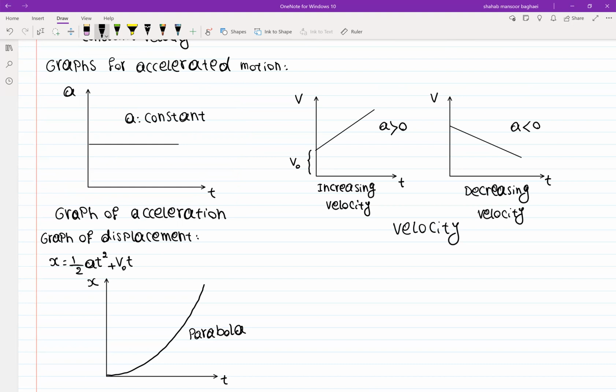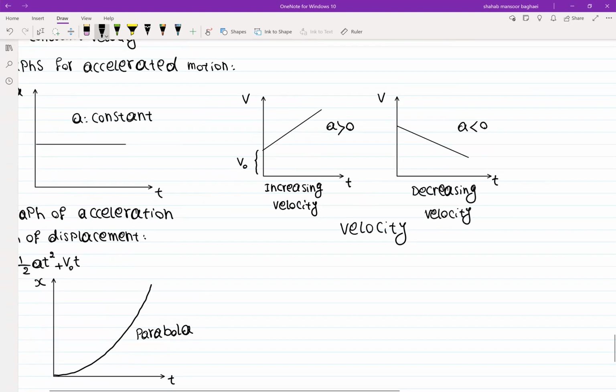If you have velocity, remember the equation of velocity. That's AT plus V0. And that's a line. Therefore, this is the graph of velocity.